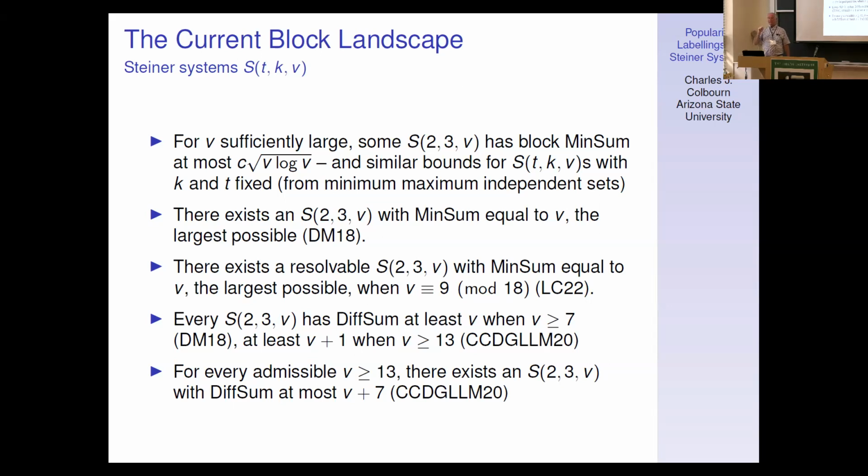So in that 7-author paper, one of the things we noticed is that actually, if you've got a Steiner system that has a small maximum independent set, it must have very large diff sum.